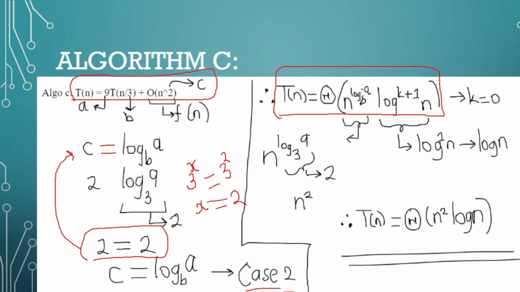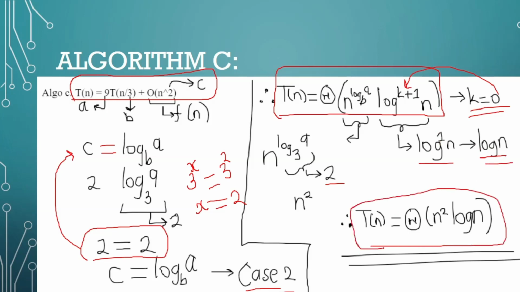This is just 2, so we have big theta of n squared, and remember here we have the log to the power of k plus 1, so k is the exponent of the logarithmic term, and in this case k equals 0, so 0 plus 1, we get log to the power of 1, which is just log, therefore we have log n, and we end up with a time complexity of T(n) big theta of n squared log n, which is a polynomial.